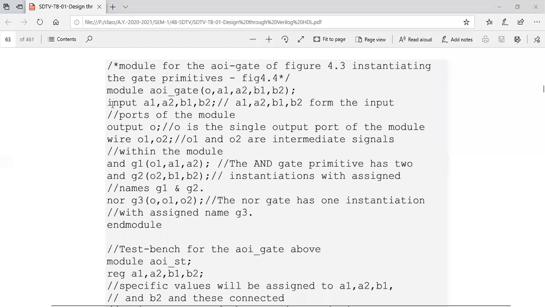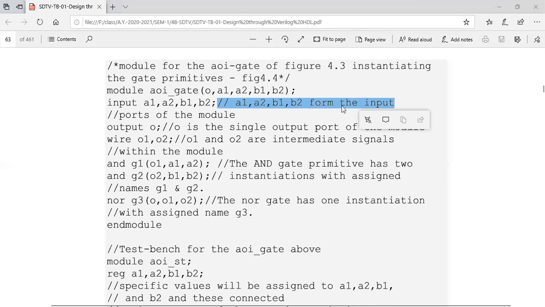Next, here we are writing the total thing, but here we are mentioning in detail what the inputs are. Input A1, A2, B1, B2, these are the inputs. The same thing we are mentioning with the help of a single line comment indication, double slash. Double slash is for a single line comment.